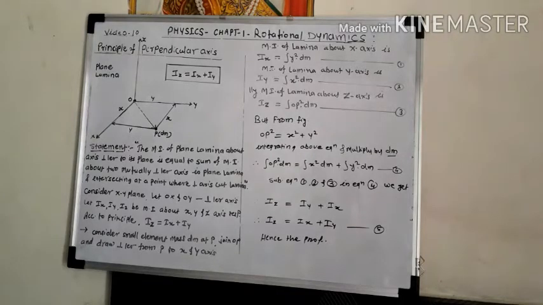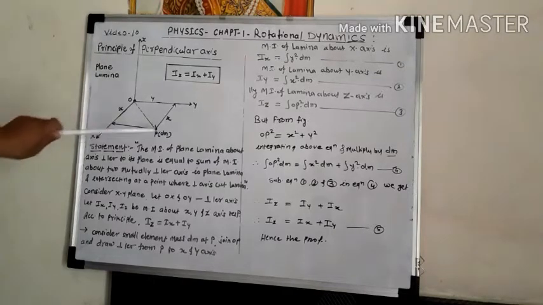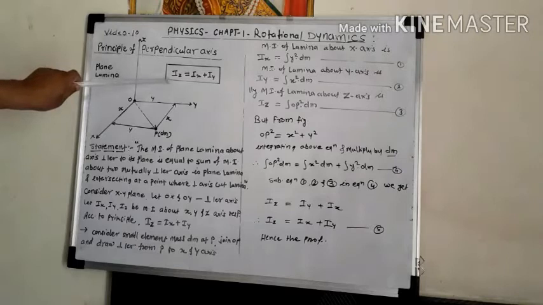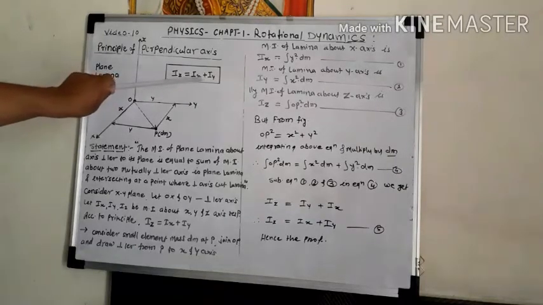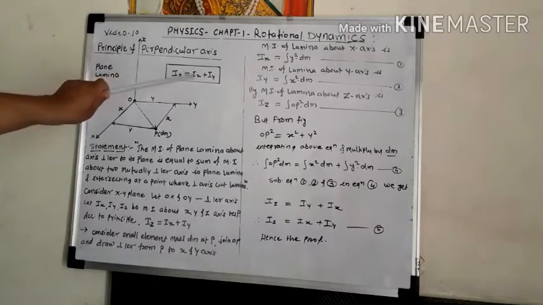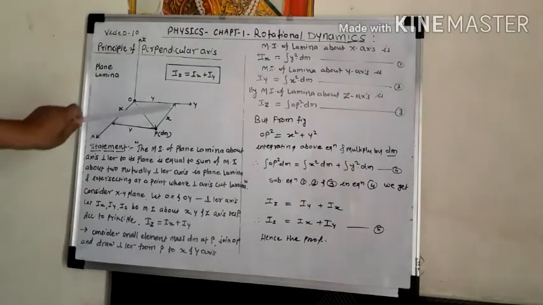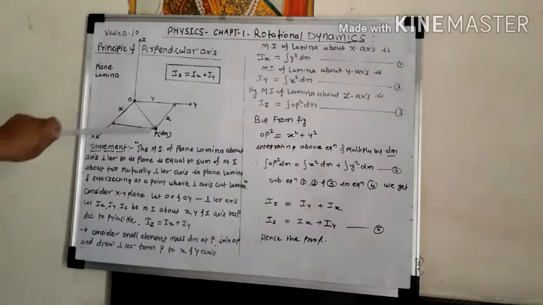The MI of a plane lamina about the axis perpendicular to its plane is equal to the sum of the moments of inertia about two mutually perpendicular axes in its plane, intersecting at the point where the perpendicular axis cuts the lamina. This is the principle of perpendicular axis.